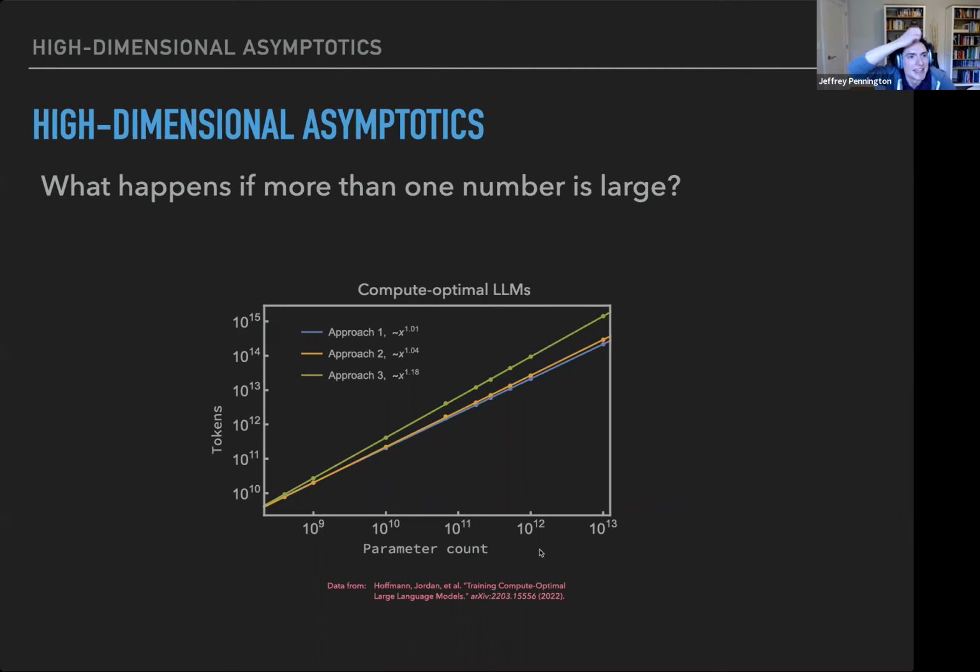Another perspective on exactly the same point, which I think is interesting, is if you fix a time slice, in this case, 2022, a recent paper from DeepMind looking at large language models, so natural text generation.